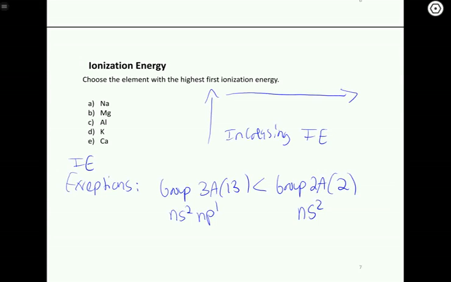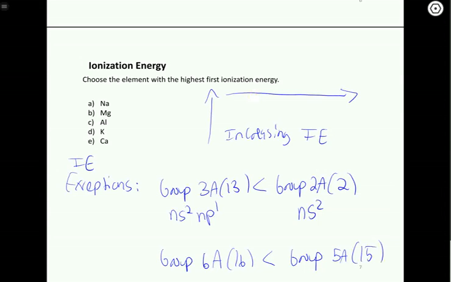Now, the other exception we want to be aware of is that group 6A, which could also be group 16, is smaller than group 5A or group 15. So group 6A is the oxygen group, which has an ns2 np4, and this is ns2 np3 configuration for group 5A.